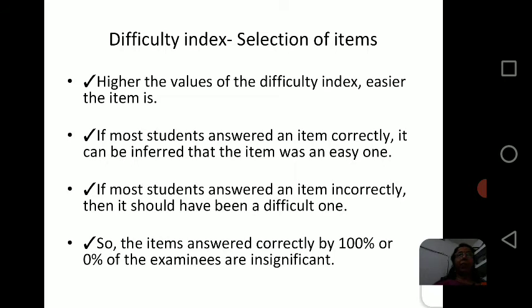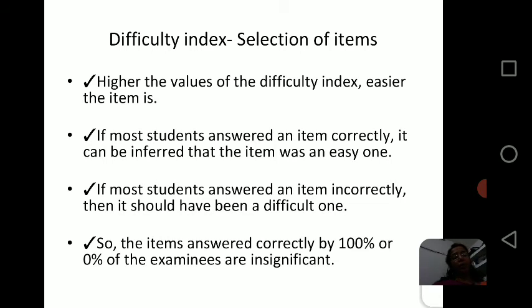If DI is very minimum, that means the item is very difficult. So the items answered correctly by 100% or 0% of the examinees are insignificant. If the item is answered correctly by 100% of students, that means everybody can answer the item. If nobody answered it correctly, it means nobody can answer it.